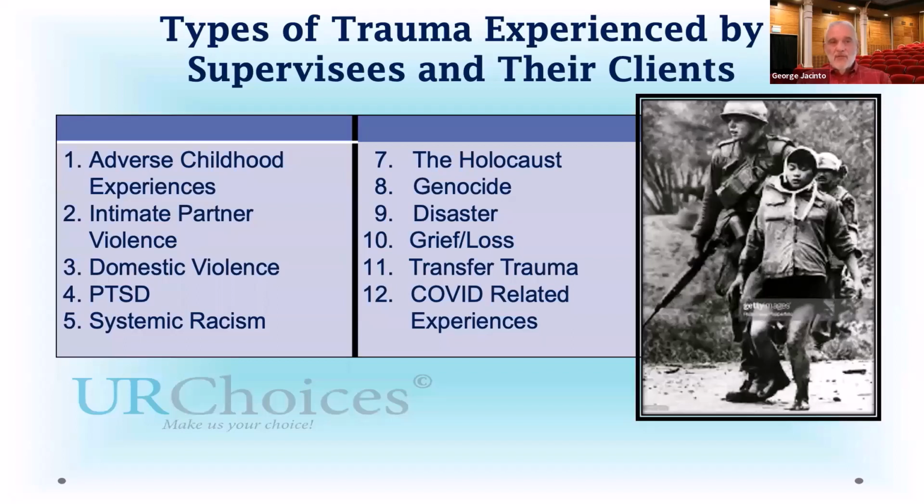Then there's intimate partner violence, domestic violence, which is a similar term, PTSD from experiences people have had either in accidents or being physically attacked, systemic racism, the Holocaust, periods where people have experienced genocide, perhaps like in the Rwandan genocide in 1990, disasters such as hurricanes, earthquakes, wildfires, grief and loss. Death of someone close may be a traumatic experience, transfer trauma, and COVID-related experience.